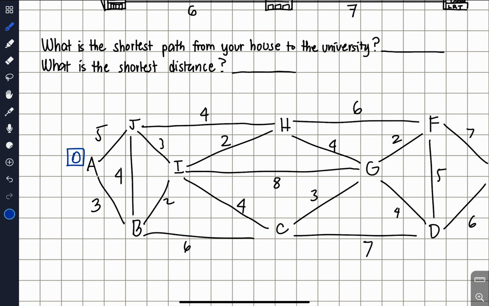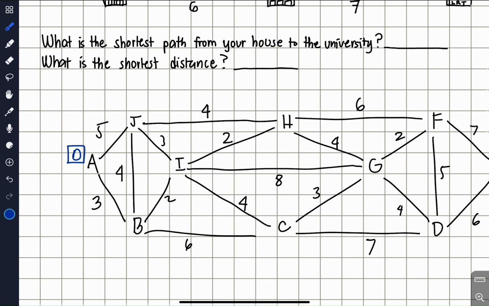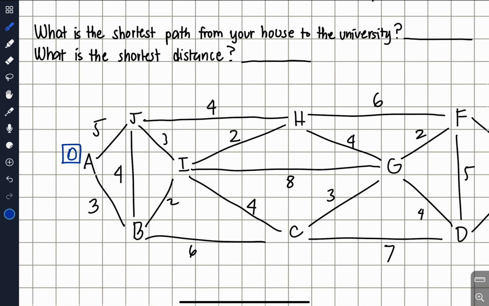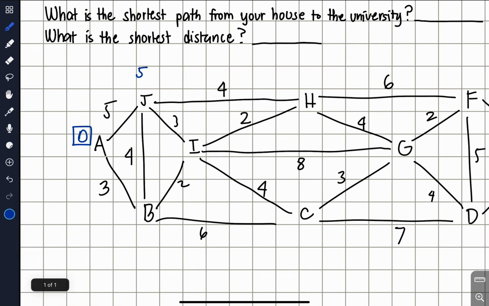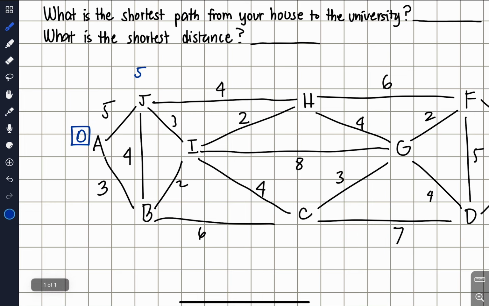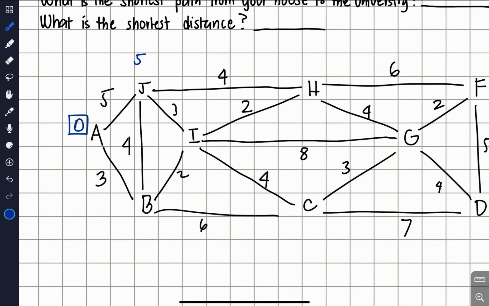If we take a look at the distance from the initial vertex up to the next destination, we can see that J has a distance of 5. Let's just consider that it's the distance from A. Then letter B has 3.